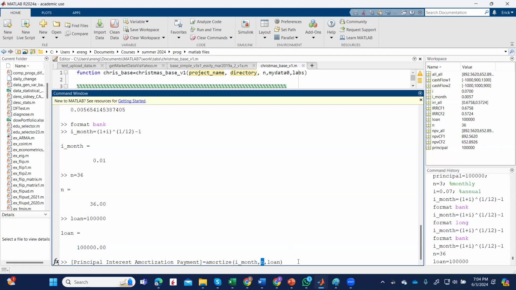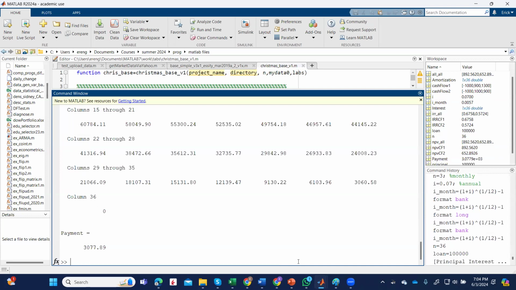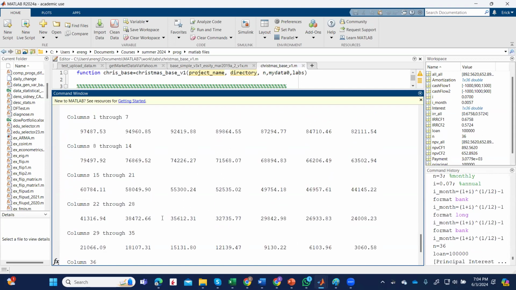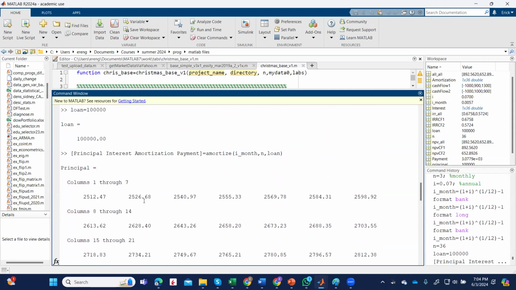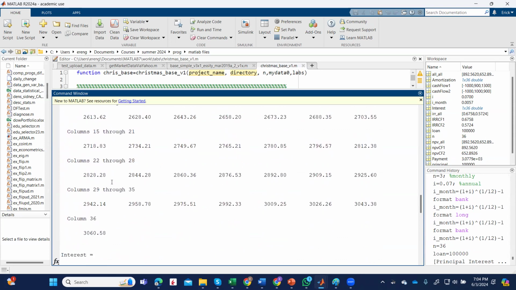Okay, guys. So if you click this one here, we are going to create my amortization. Take a look. It is a lot of information. My principal. Okay.